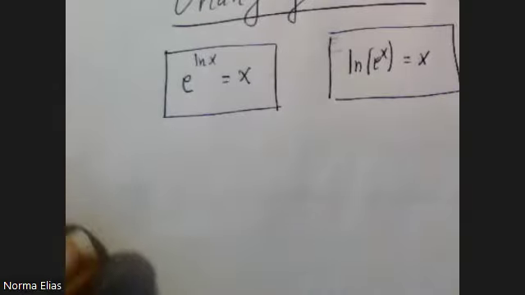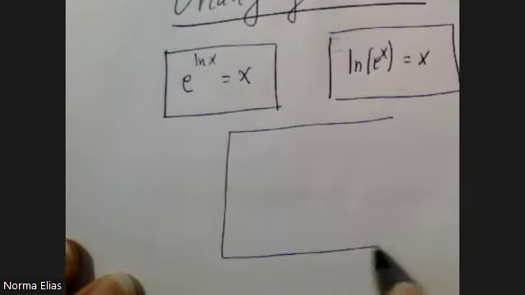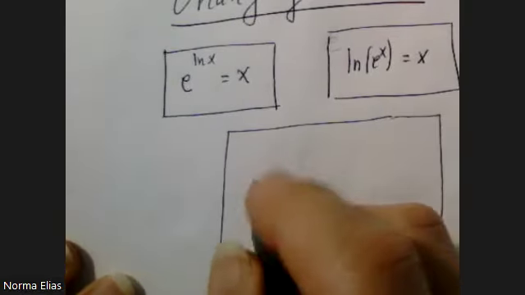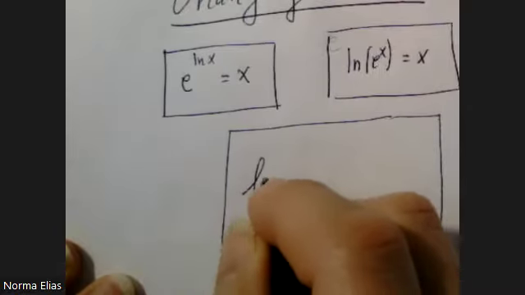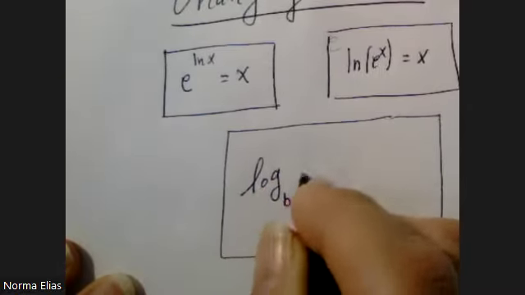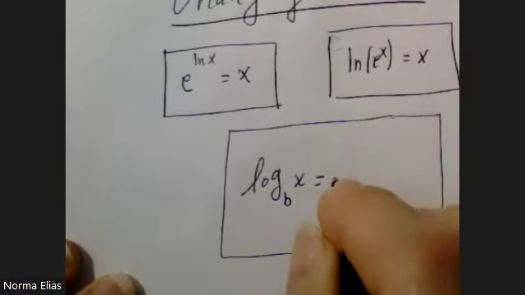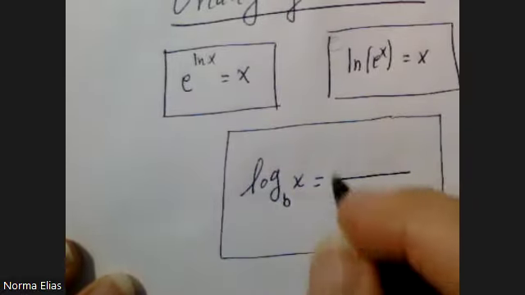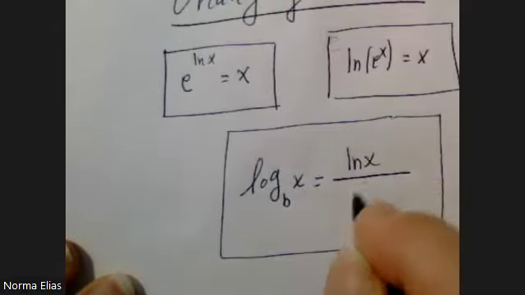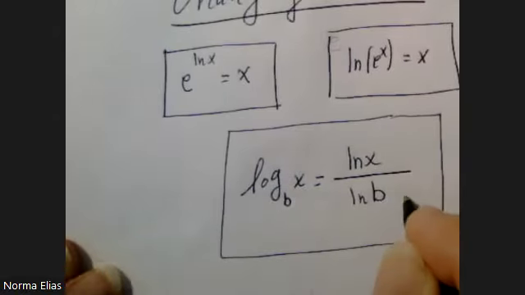And the other relationship, which I don't think you guys know, is that if you have log to a base b of x, we can show that this is the same thing as the natural log of x divided by the natural log of b.